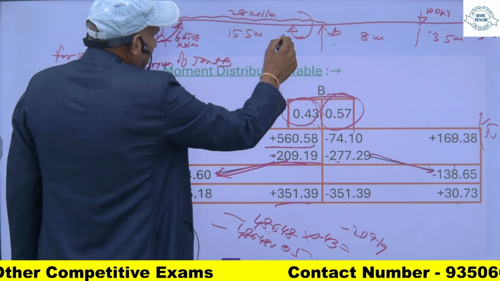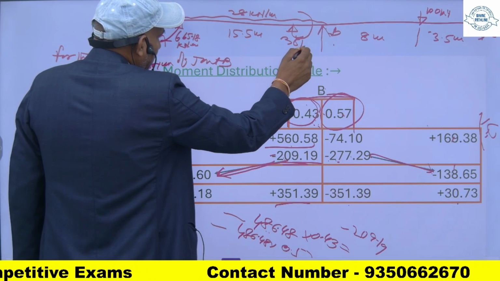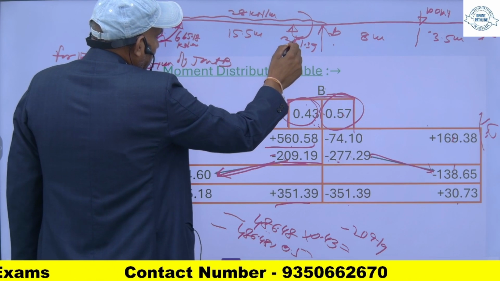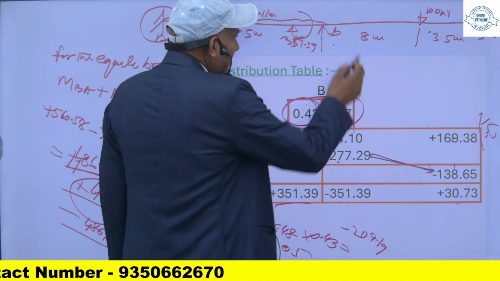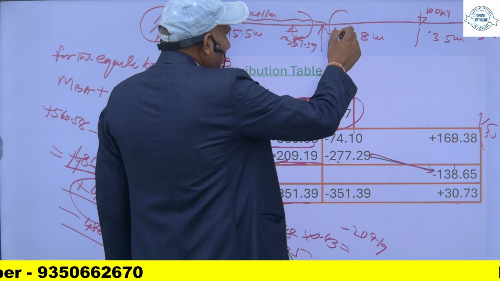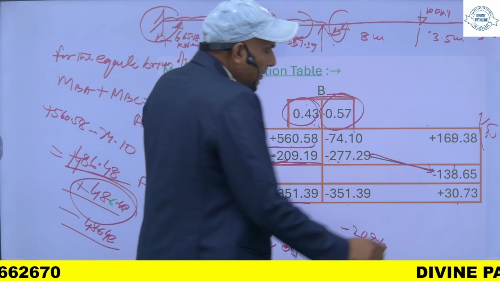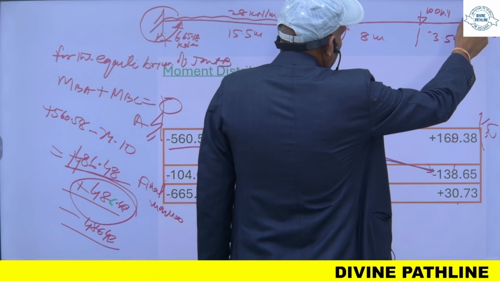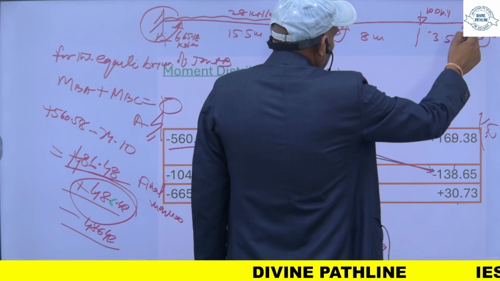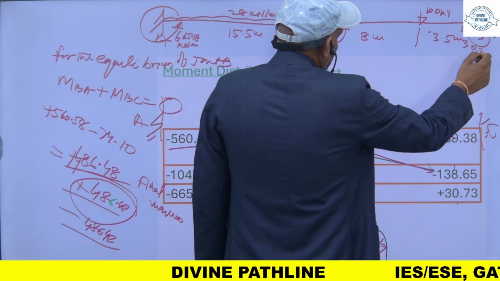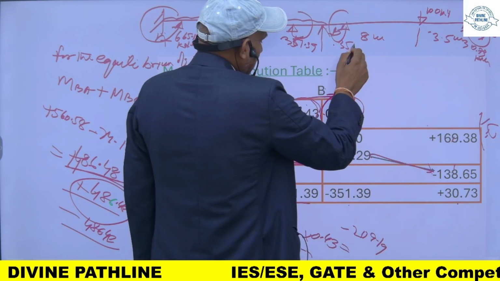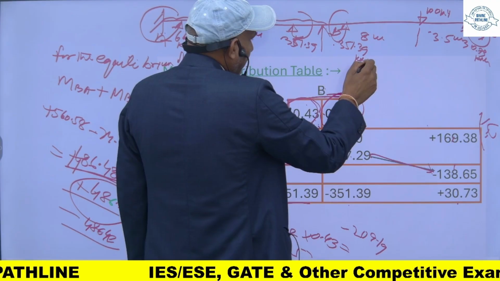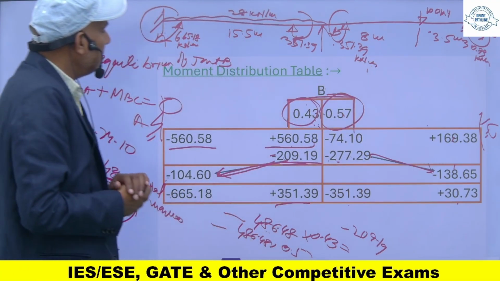So this moment is 351.39. For this member, this moment is anti-clockwise, minus means anti-clockwise, and plus means clockwise. Now these are my moments.